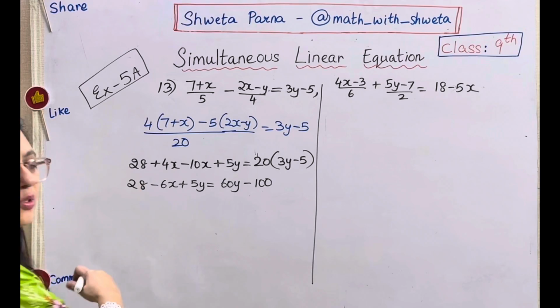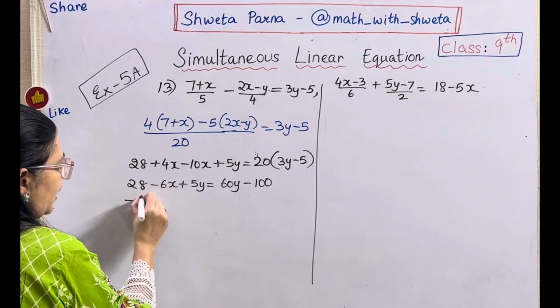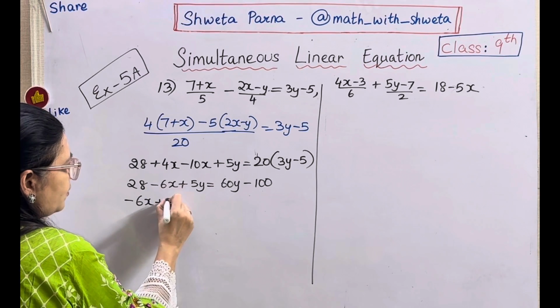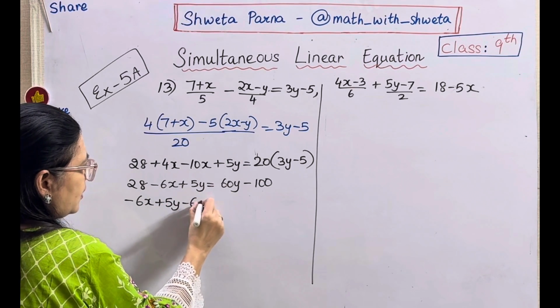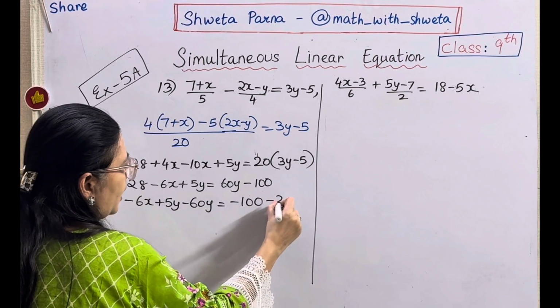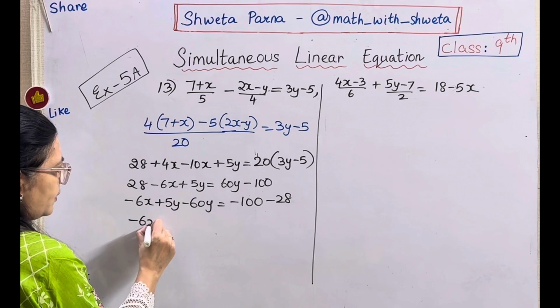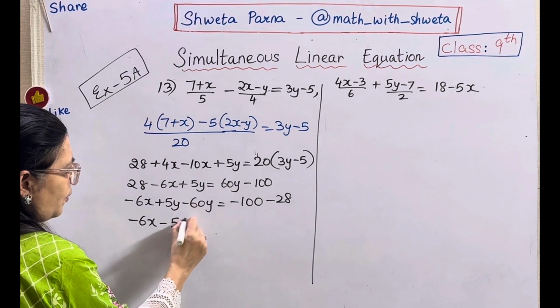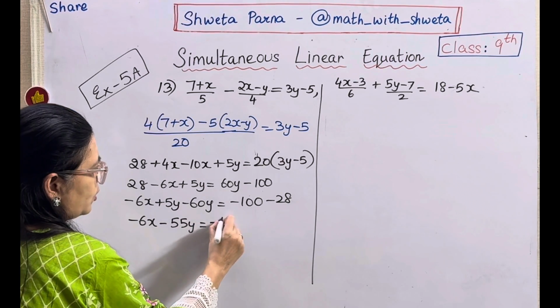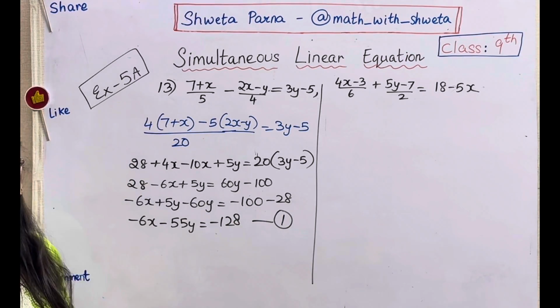Now all variables on one side and constants on the other side. So minus 6x plus 5y minus 60y is equal to minus 100 minus 28. Now this will become minus 6x minus 55y is equal to minus 128. This becomes your first equation.